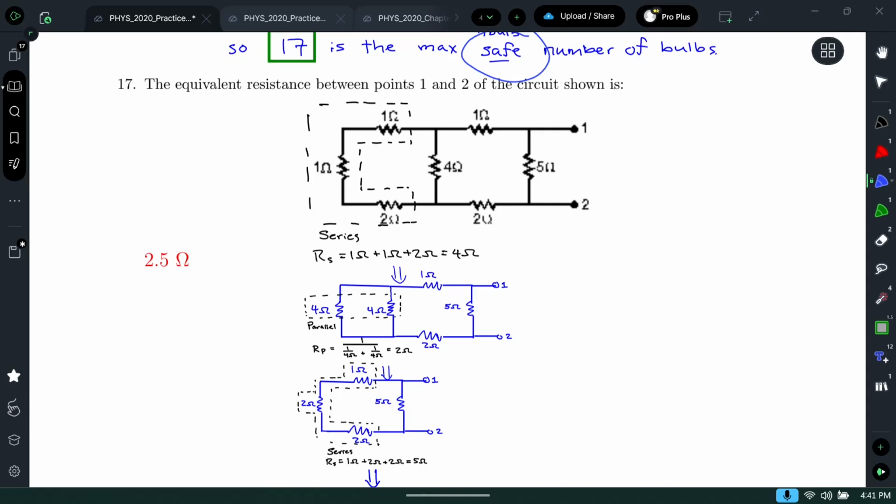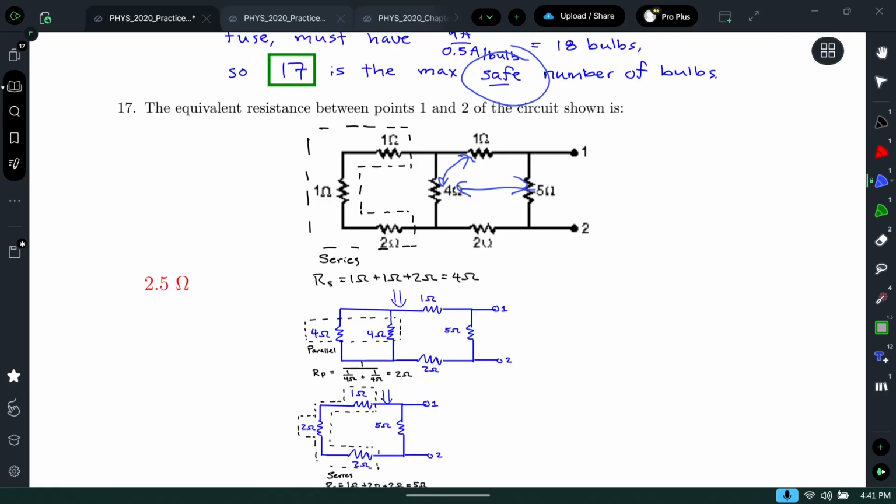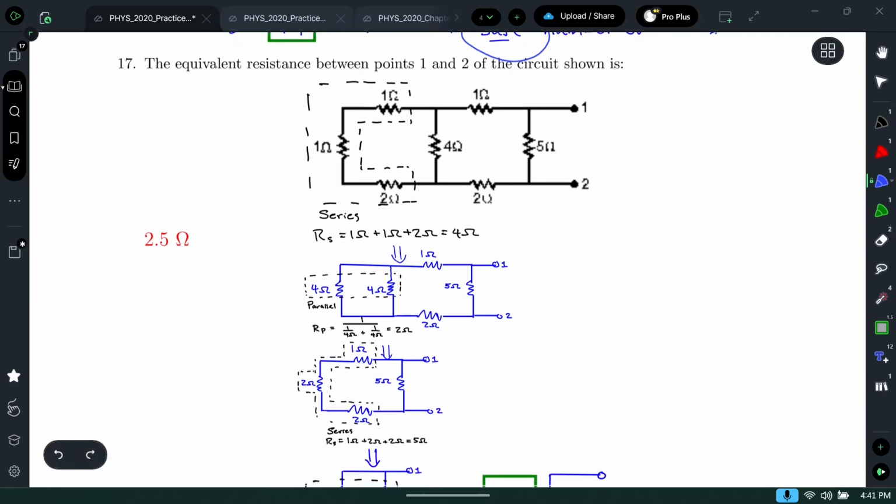Check, use those tests, or at least just think on it for a little bit before you decide. These might look promising as parallel, or these two might look promising as series, but like with the capacitors, there's reasons neither of those are true. I'm going to leave it to you to double check and understand why on that, because I can tell you about it all day, but you got to practice to make it sink in.